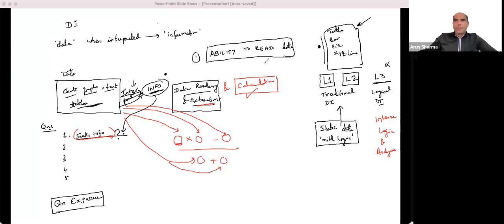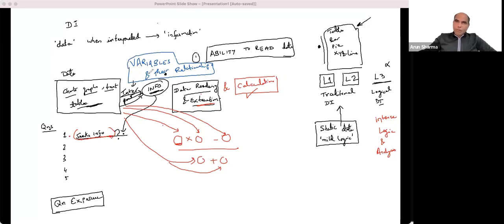At the heart of every DI question, whatever question you see, is variables and their relationships.